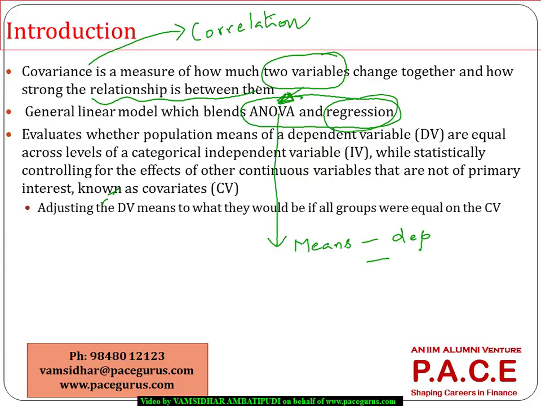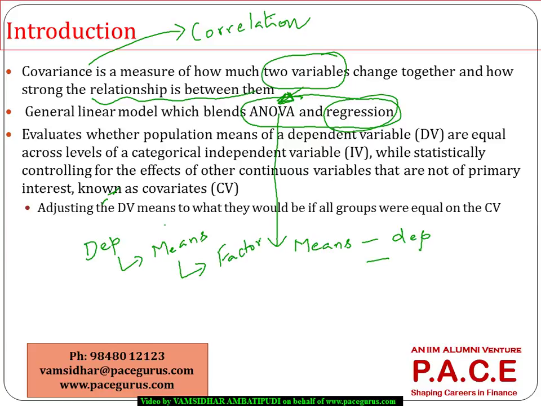So when we are doing analysis of covariance, I am extending the typical ANOVA procedure. In ANOVA, what were we doing? We were taking one dependent variable and comparing the means of this dependent variable across, let's say, the various values of the independent factor.